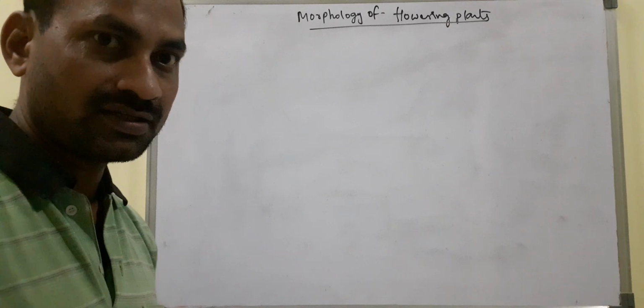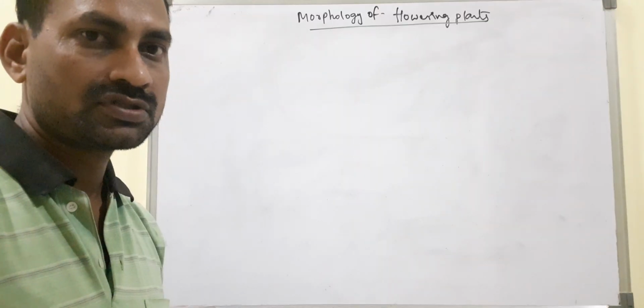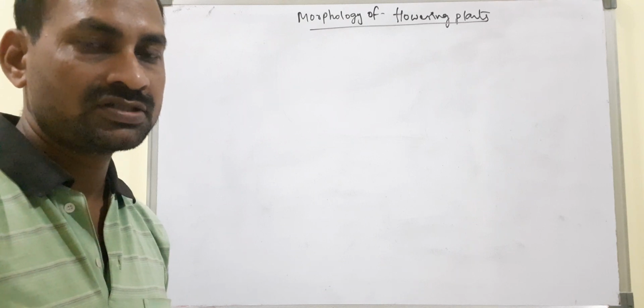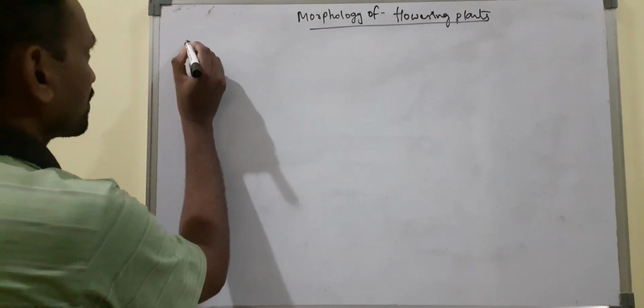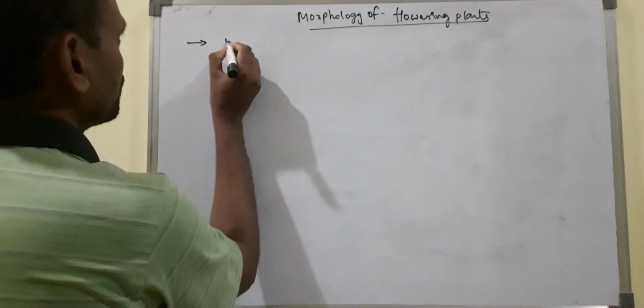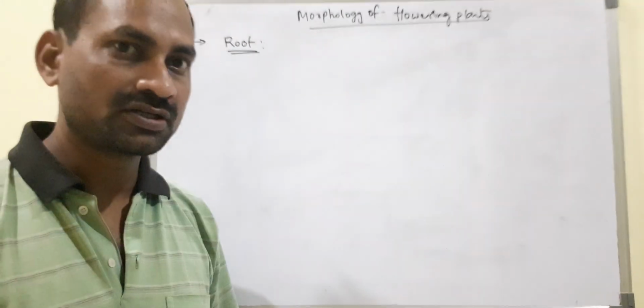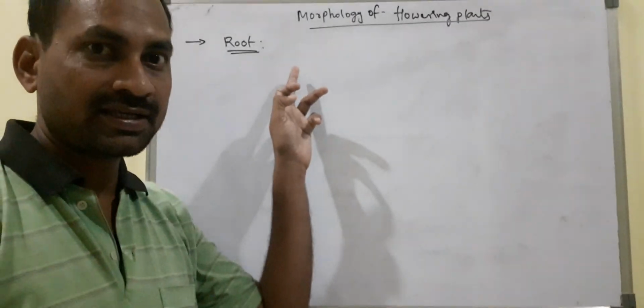Okay, we know very well a typical angiospermic plant contains roots, stem, leaves, branches, flowers, and fruits. So, if you see roots, you know very well root is an underground part of the plant.